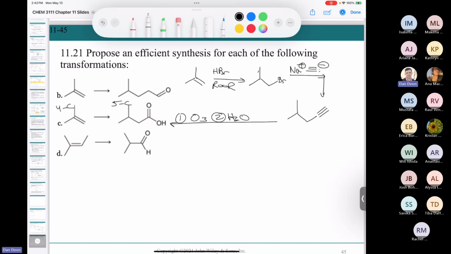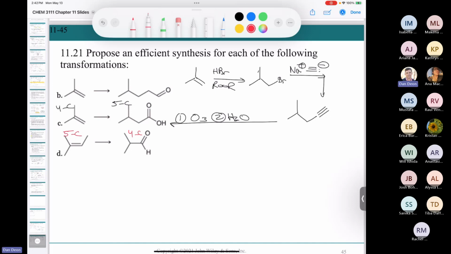And then for the final one, we're starting with 5 carbons, and then we end up with 1, 2, 3, 4 carbons. Oh boy. So this is another one that we're going to have to cut up somehow.